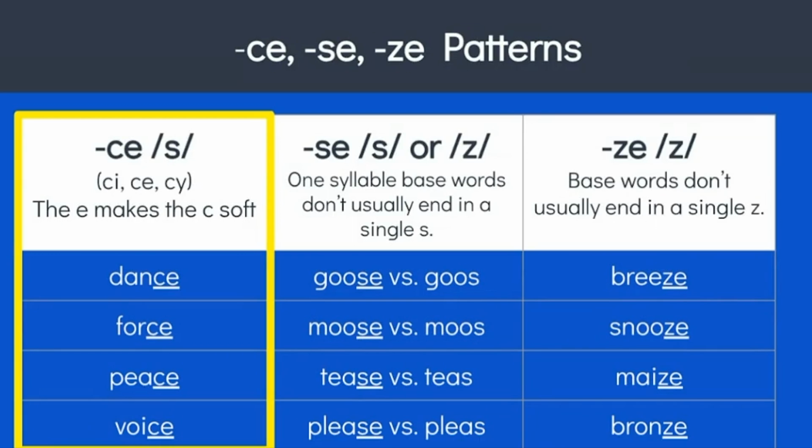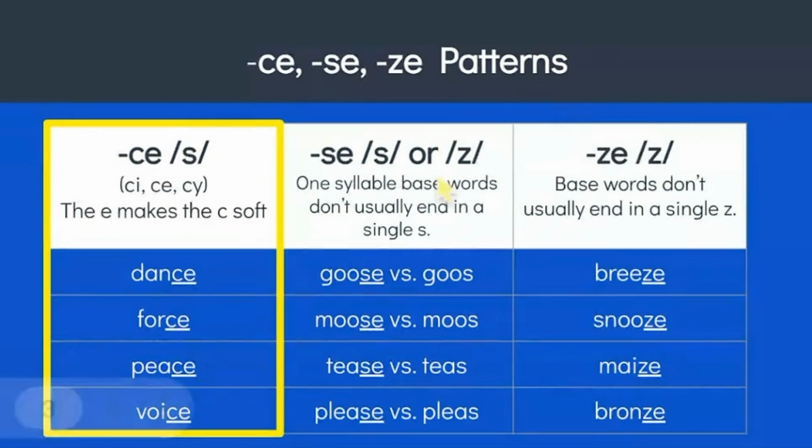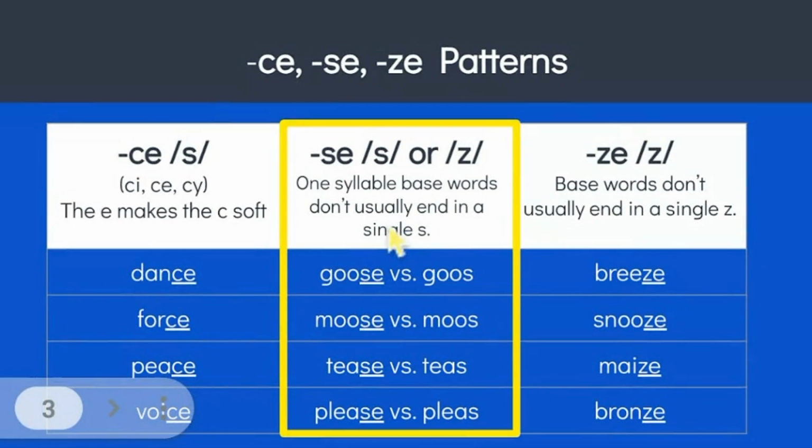So in these types of words, the job of the E is to make the C say its soft sound, as we learn when we tap the chart: CI, CE, CY, city. In this column, each of these words on the left ends with SE and has either the S or Z sound.